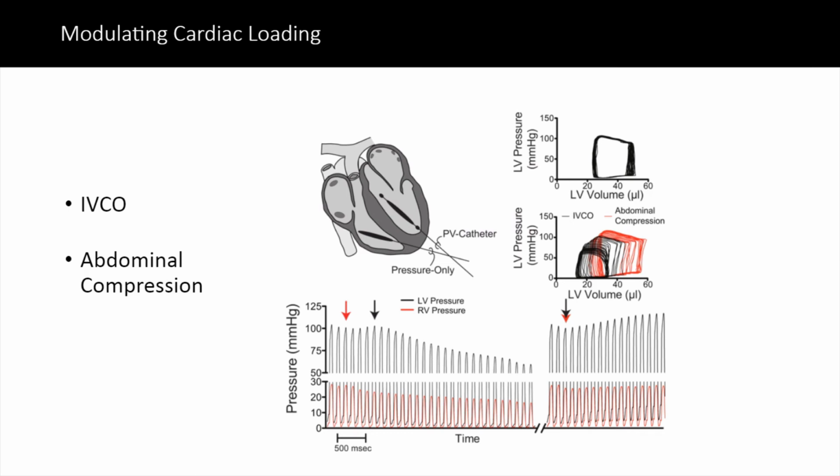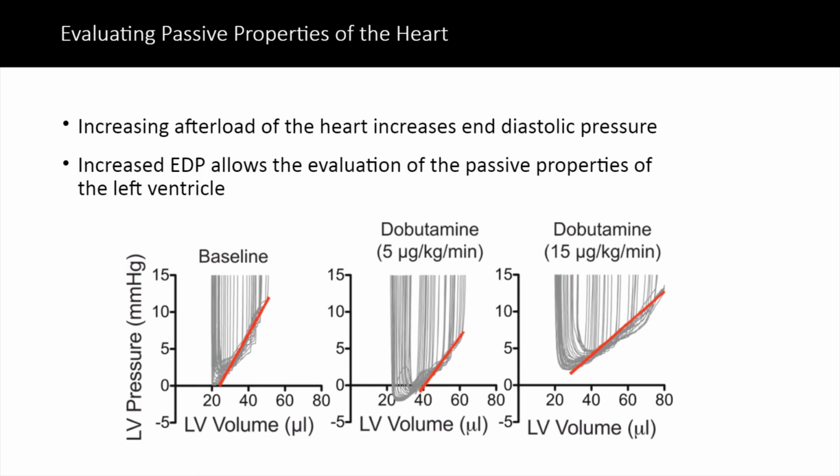Okay, and so we can think about this a little bit. This is, again, looking at the passive properties of the heart. This is really an interesting point of research as we're trying to understand heart failure with preserved ejection fraction, this idea of diastolic heart failure. What is going on with these mice and how are they coupling to the vasculature?